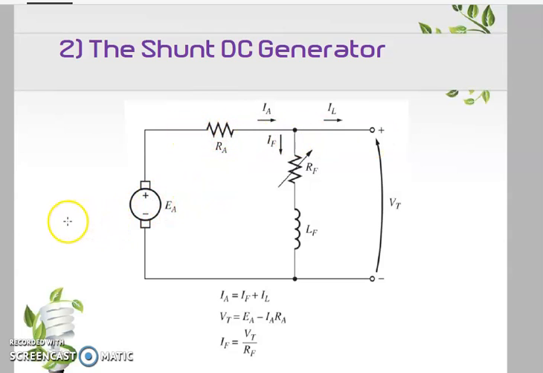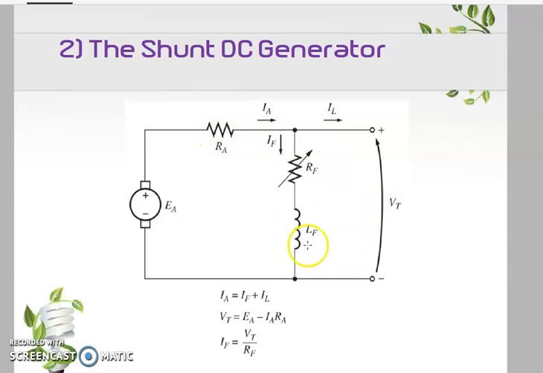Now we put a force on the shaft, which is turning the machine. So the machine will generate EA, and EA will be higher compared to VT. So the current will flow through IA back to VT. So we have EA equal to IA RA plus VT.